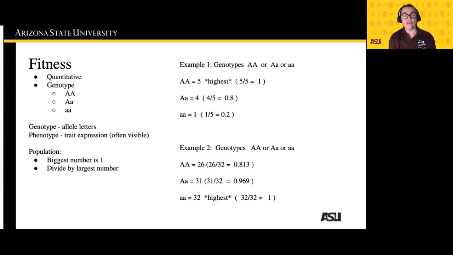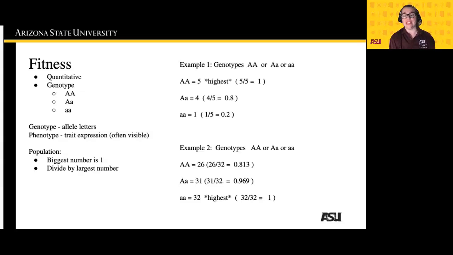It is often visible, like blonde hair, blue eyes, or freckles. To find an organism's fitness, we use the genotype, so the actual allele letter combination. For example, homozygous dominant, big A, big A, or heterozygous, big A, little a, or homozygous recessive, little a, little a. The fitness of an organism is similar to its genotypic advantage.